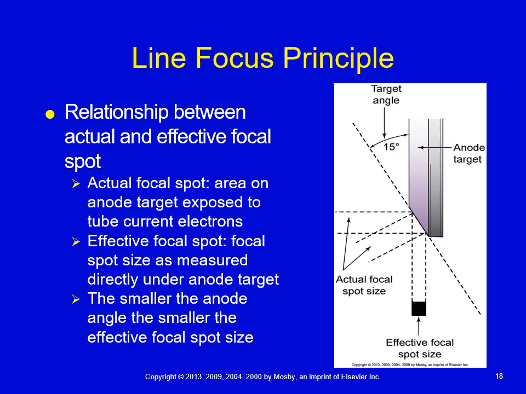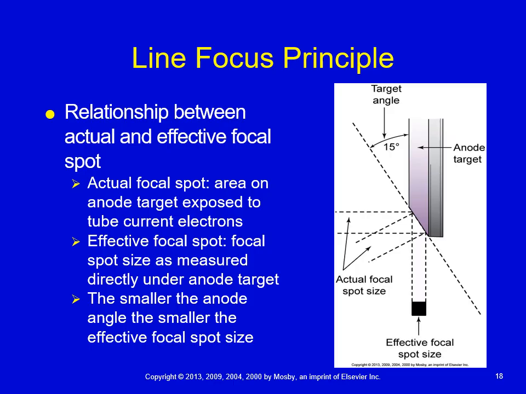Most anodes today have two target angles, and those two target angles correspond with the large and small focal spot. They're manufactured that way. There's nothing we can change about our equipment outside of just choosing small focal spot or large focal spot.